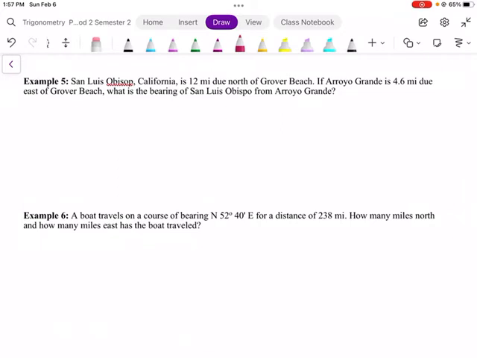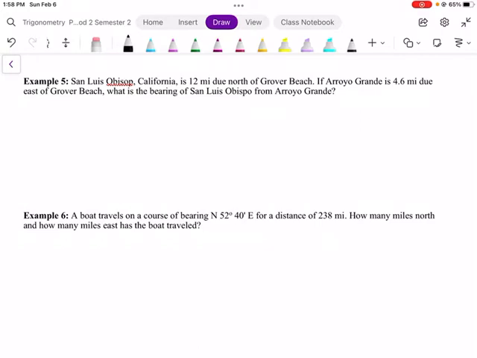San Luis Obispo, California is 12 miles due north of Grover Beach. If Rio Grande is 4.6 miles due east of Grover Beach, what is the bearing of San Luis Obispo from Rio Grande?